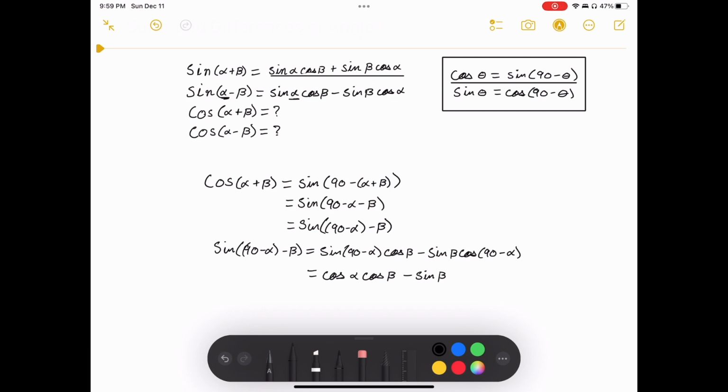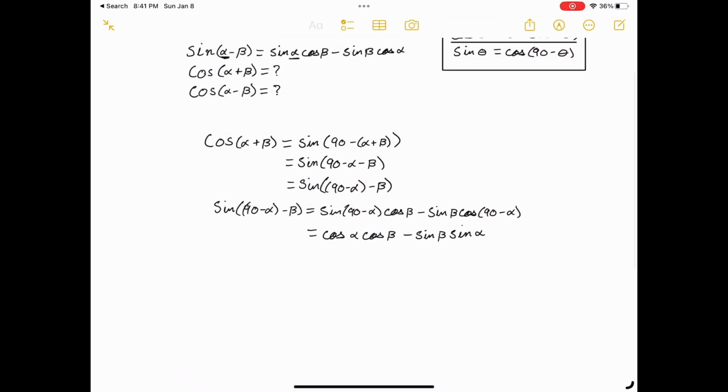Since the sine of 90 minus alpha minus beta is equal to the cosine of alpha plus beta, it then follows that the cosine of alpha plus beta is equal to the cosine of alpha times the cosine of beta minus the sine of beta times the sine of alpha.